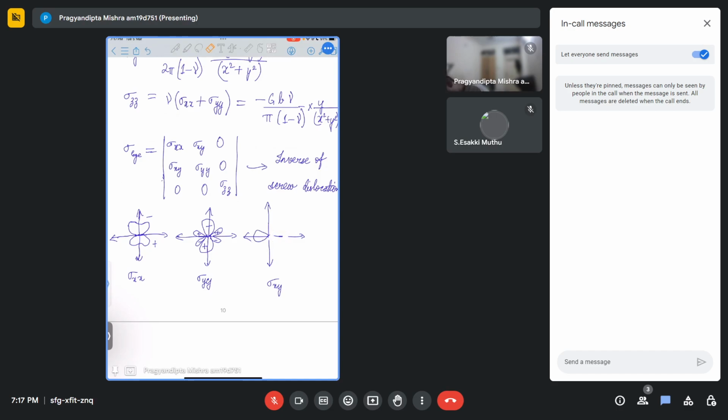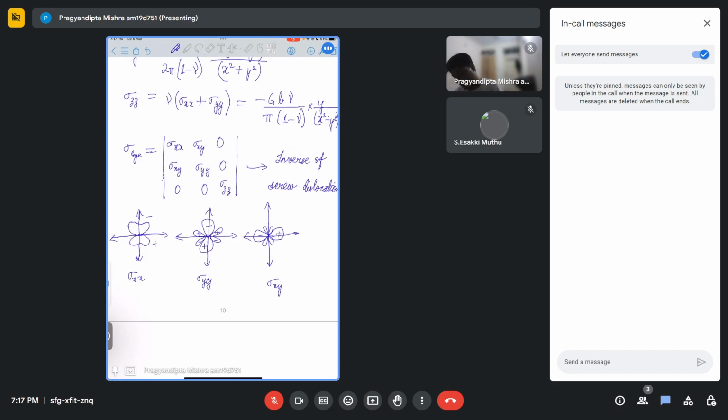This is a little bit bigger. And then, similar to last time, you'll have other directions. So here it will be positive, here it will be negative.